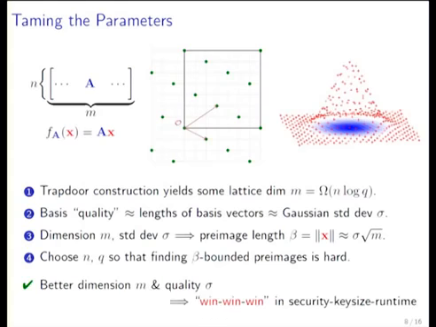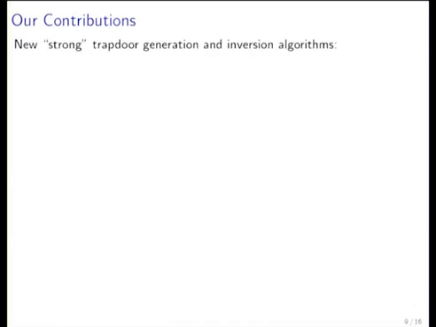So in order to illustrate this quantitative aspect, let's go over the parameters. We have a matrix A, which is n by m. Typically, m is equal to n log n. And you have a good basis, which consists of vectors of length roughly equal to sigma.